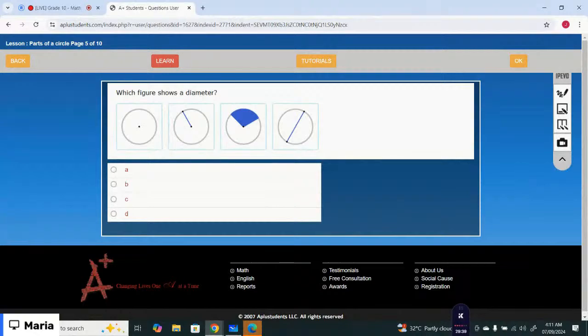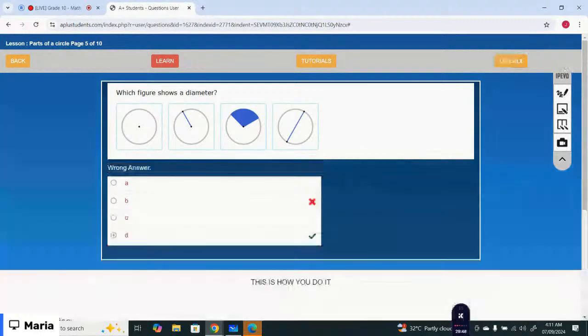Which figure shows the diameter? So, which is the correct option? B shows the diameter of the circle, right? D is the diameter, sorry. B is the radius, right?